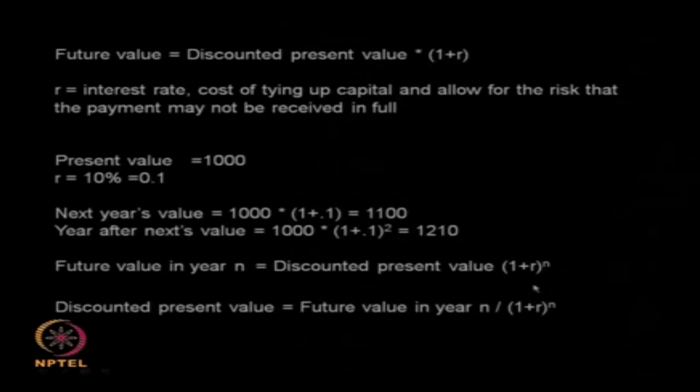So what does this formula mean? So if next year I am going to have 1000 rupees, the current value of that 1000 rupees will be less, correct, because it will be divided by 1.1. You understand? So the current value of money will be less than the next year's value based on this particular formula.